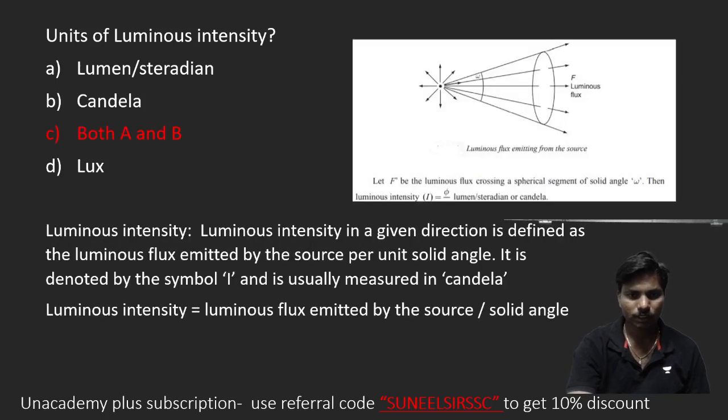Coming to the next question. Here, coming to luminous intensity, if it is a light emitting source, it emits luminous flux over a solid angle. So luminous intensity is nothing but the luminous flux phi divided by the solid angle omega.